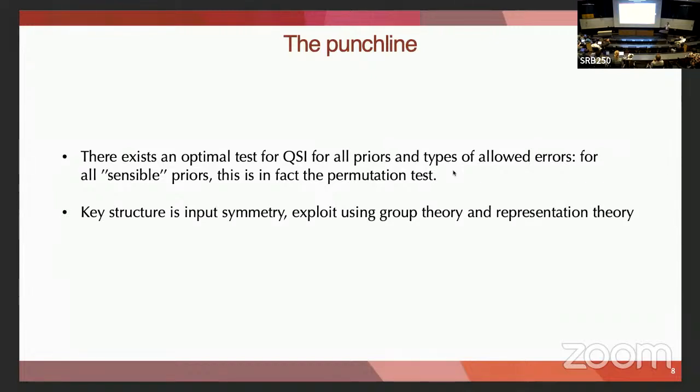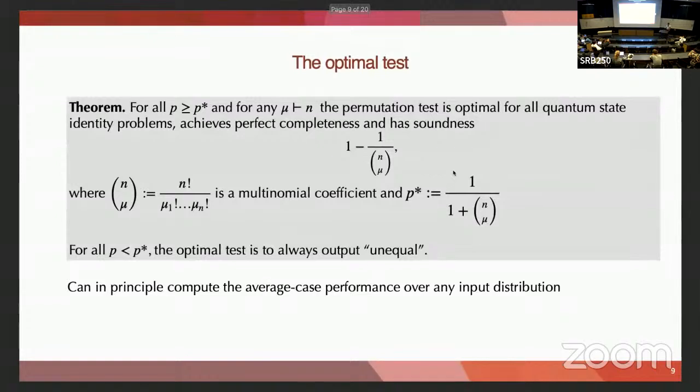In the other case, it will be permutation test. And the second takeaway from our work is that we use a lot of representation theory and group theory to show a very general formula for performances of more general kinds of tests, which is based on subgroups of the symmetric group. Okay, so this is the main takeaway, and now I can describe our results in more detail.